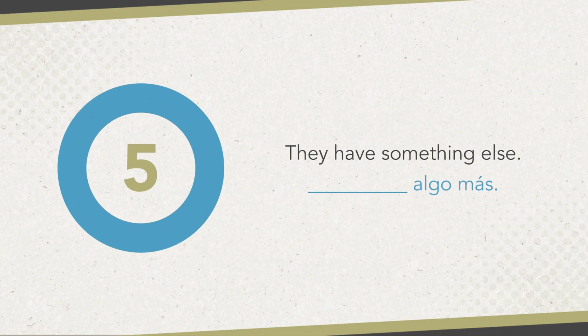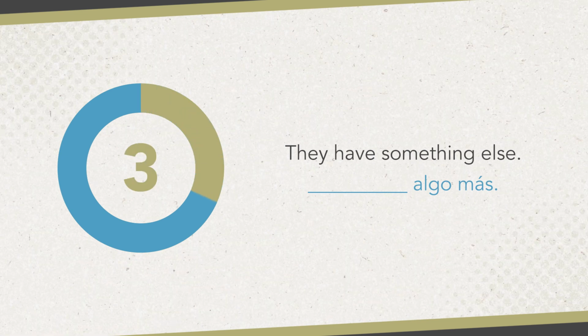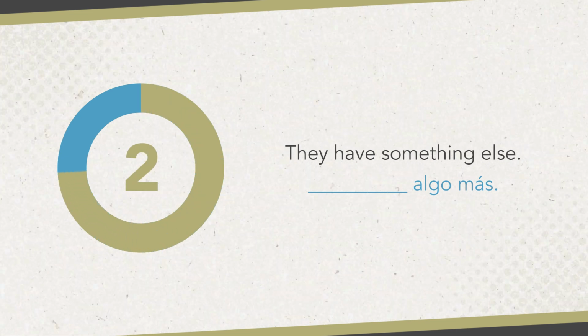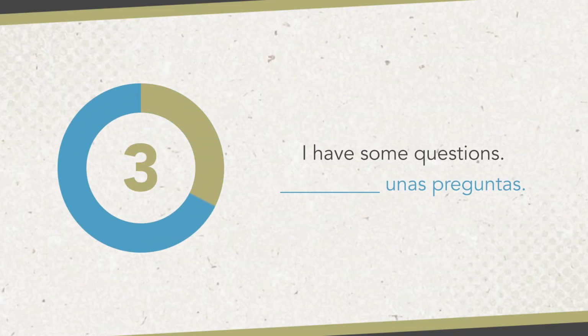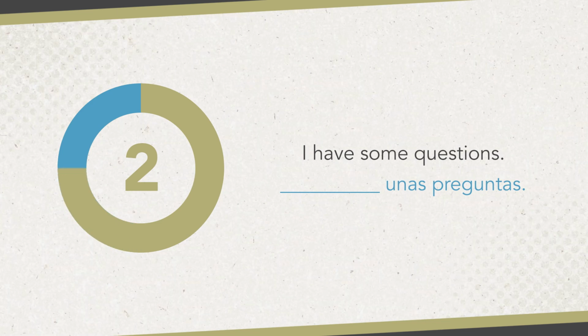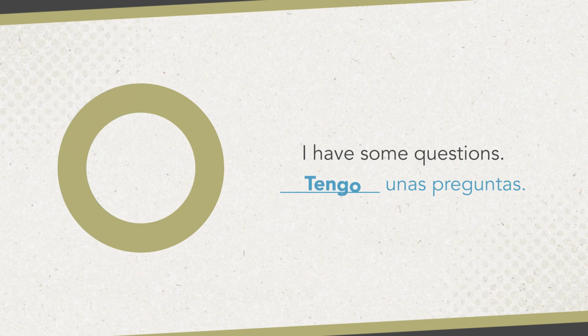I'm going to use some of our flashcards and I'll read you the English side first. See if you can guess which version of tener is going to be on the other side of the card. Okay, first example. They have something else. Tienen algo más. I have some questions. Tengo unas preguntas.